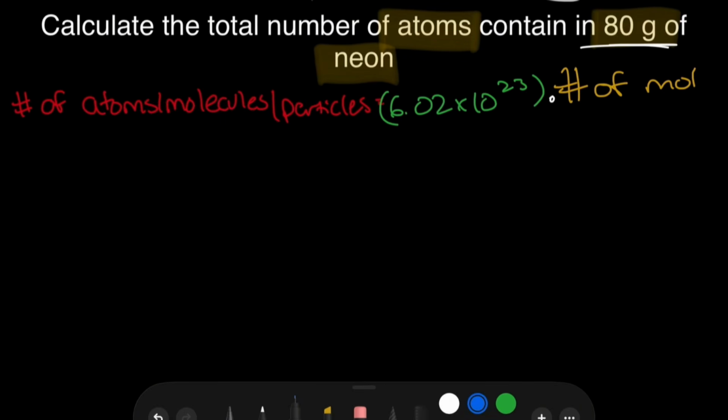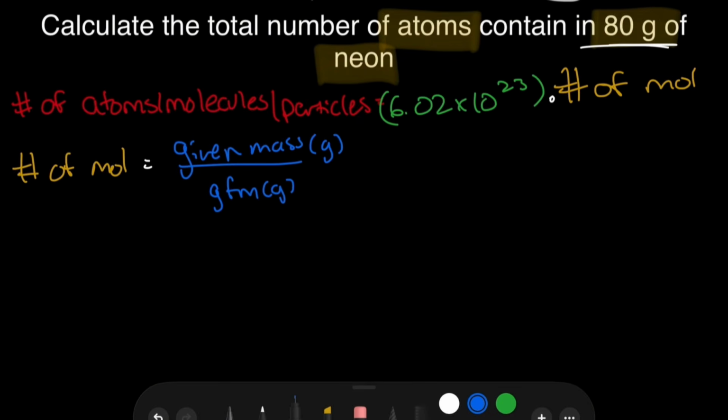So in order to find the amount of moles given the grams, we have to do number of moles is equal to given mass over the GFM in grams, right? So our given mass is already set in the question, which is 80 grams. But now we have to find the GFM.